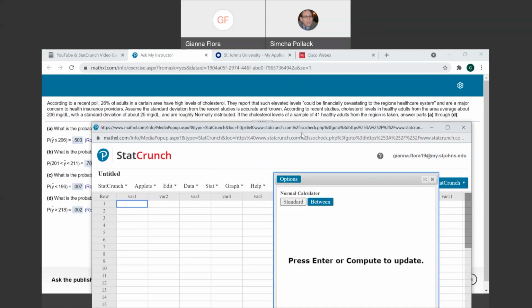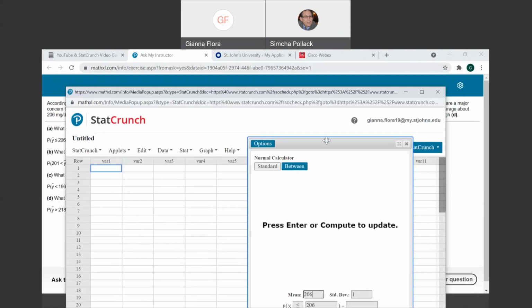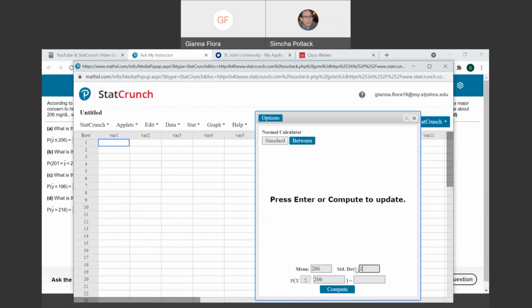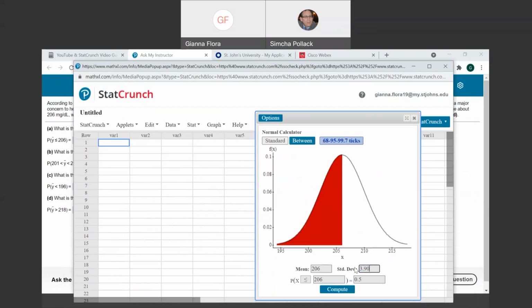The square root of 41 has got to be about 6.5, right? So it's 25 divided by that, 3.90. Okay, so type that in where we ask for the standard deviation, where the one is now. Then hit compute, or it popped up already. That's it, and you're all done.